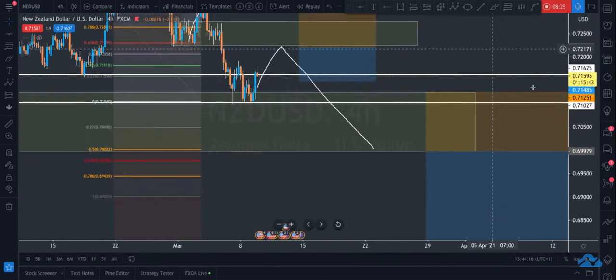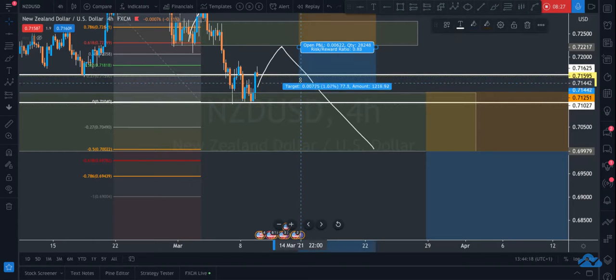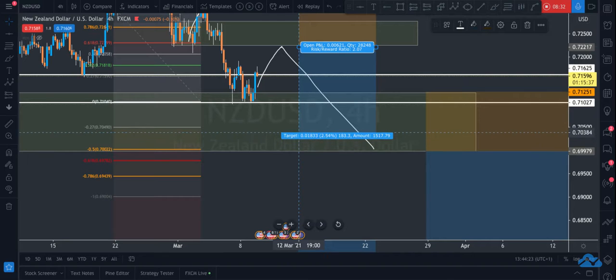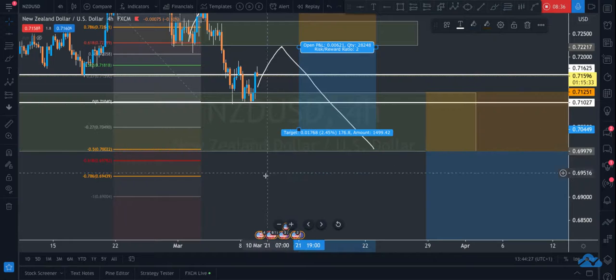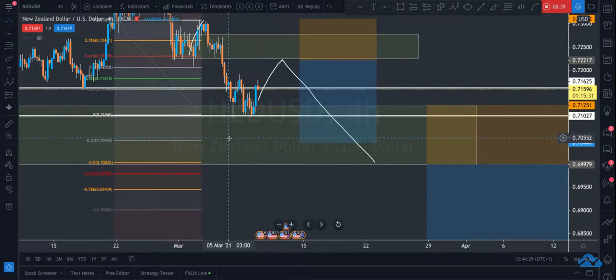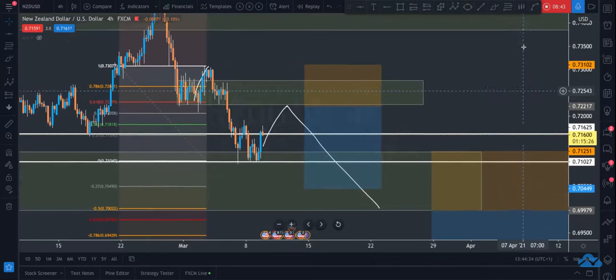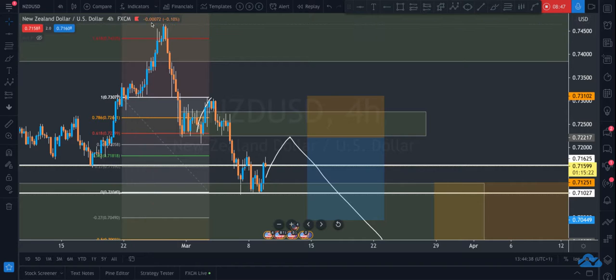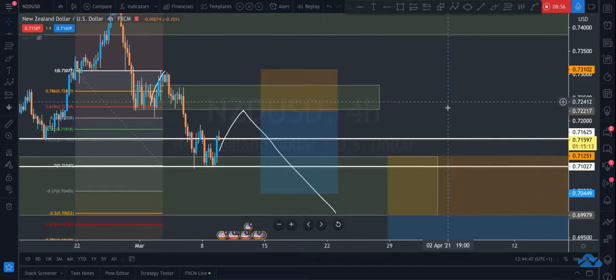What about take profit? Take profit will be 1 to 2 risk reward, which also is the 0.27 of Fibonacci taken from the last impulse, so this one, okay, and this will be very, very good as a trade.